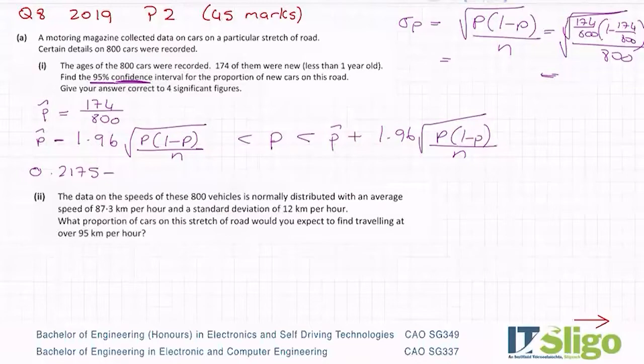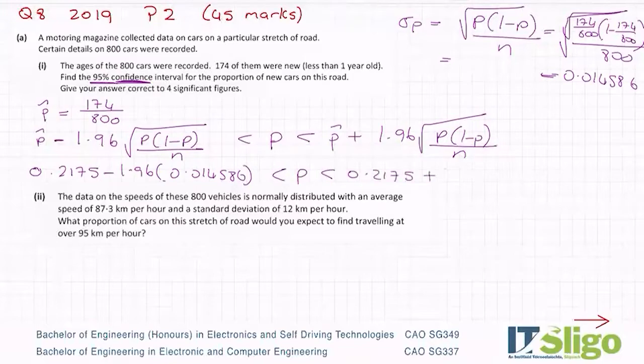So it's a small amount, 0.014586. Okay, so it's 1.96 times that number, 0.014586. 0.2175 minus that is less than p, which is less than 0.2175, my sample data, plus 1.96 times my error.